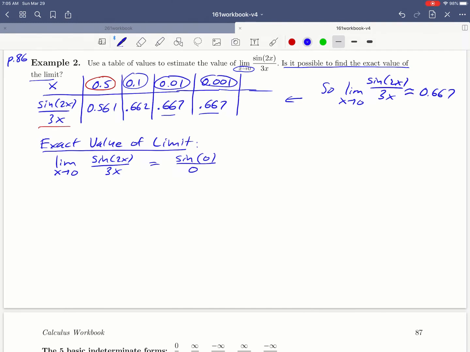And what we'd discover is that this has the form 0 over 0. If you look way back in your notes, towards the beginning of the course, we called this an indeterminate form. In other words, if you get 0 over 0, further investigation is required. We can't tell whether this limit exists or doesn't exist.